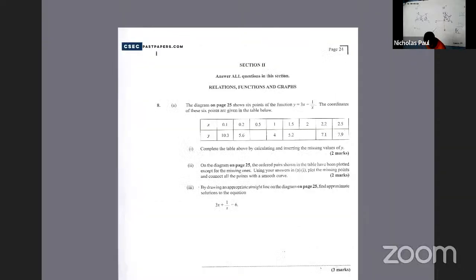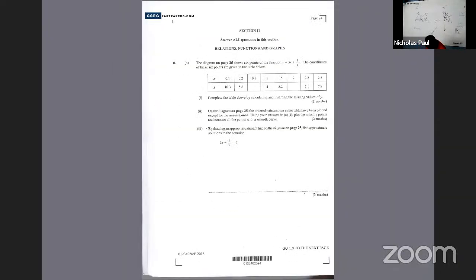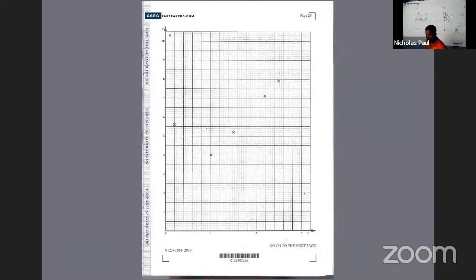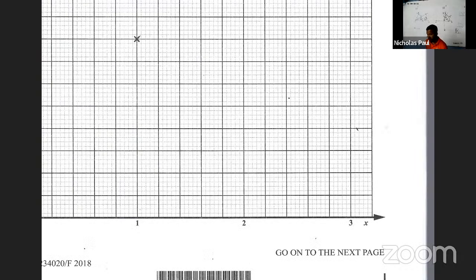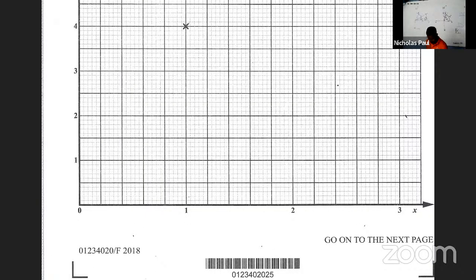For the scale, oh, I forgot to give you the scale. The scale is on the x-axis. You don't need the negative part, right? The scale is 5 centimeters is 1 on the x-axis, and on the y-axis 2 centimeters is 1.